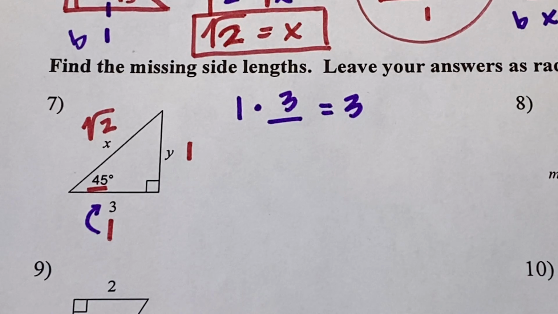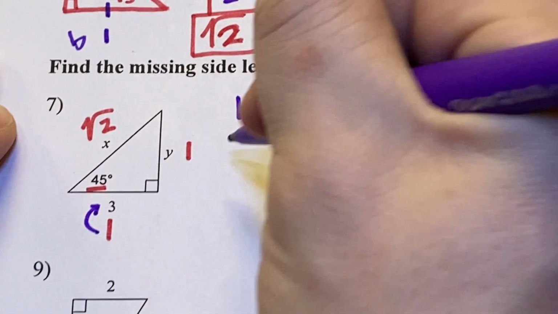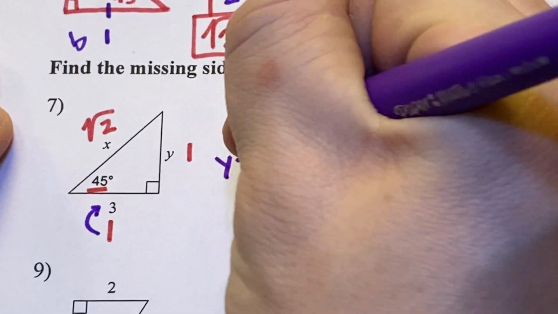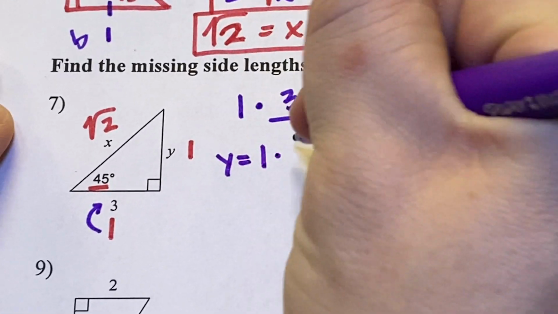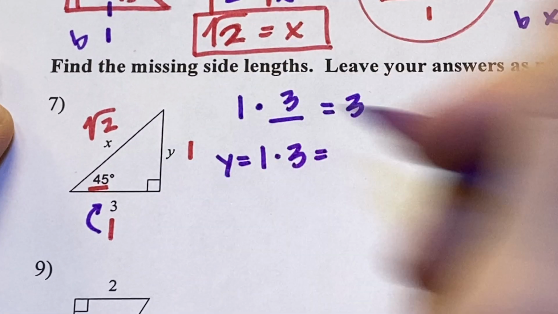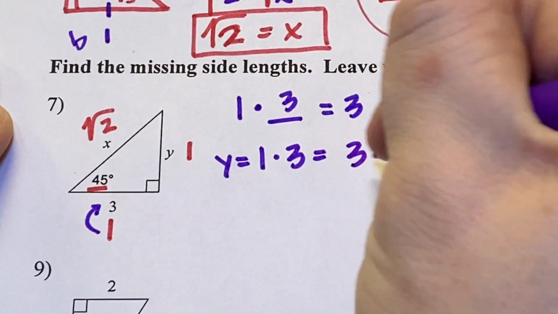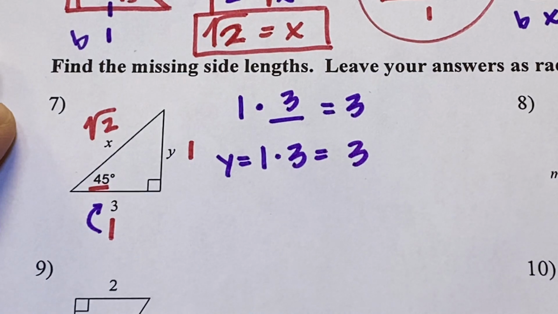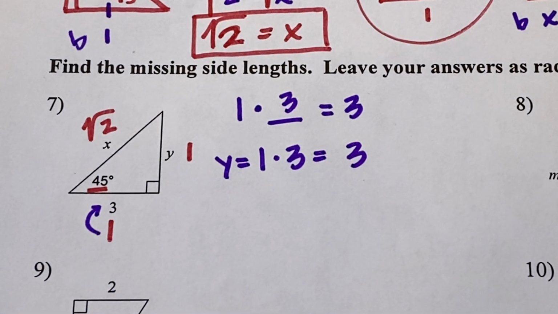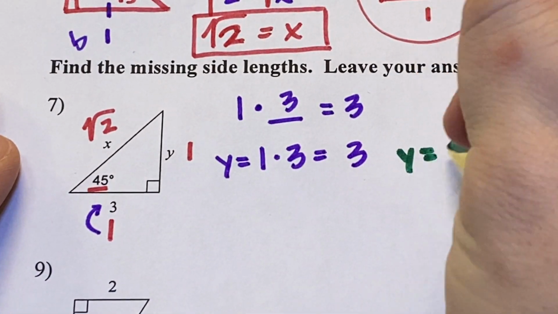Now here's what we do. We just do the same thing to our missing sides. Y equals, same thing, 1 times 3. So what is my y side going to be? 3. So our y equals 3. I'll write that in a different color even.